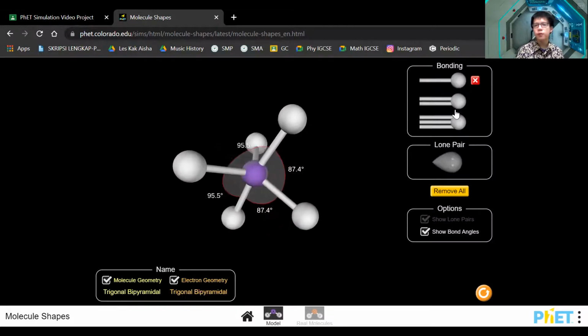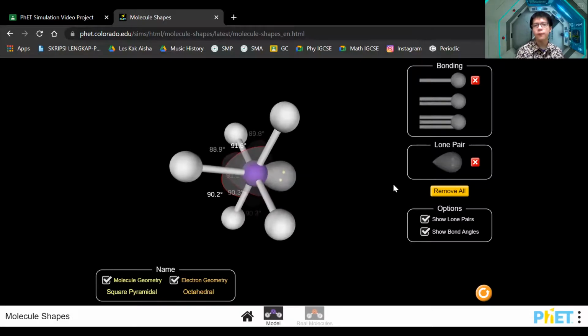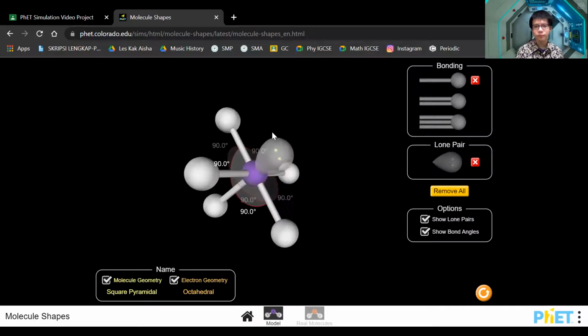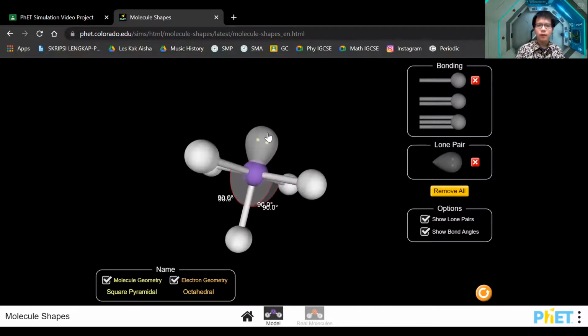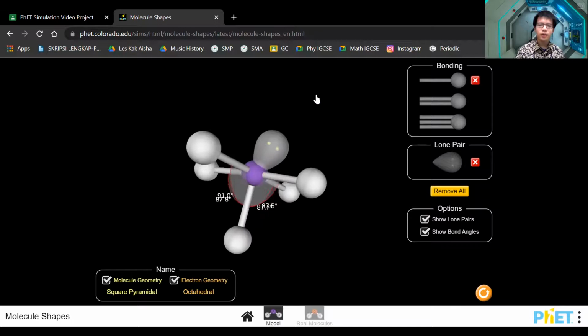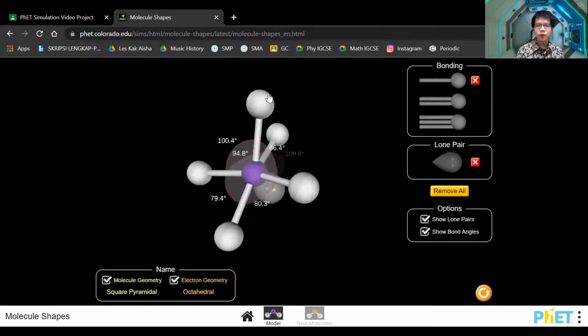So if we change one single bond into one lone pair, the electron geometry is the same, but the molecular geometry is square pyramidal.